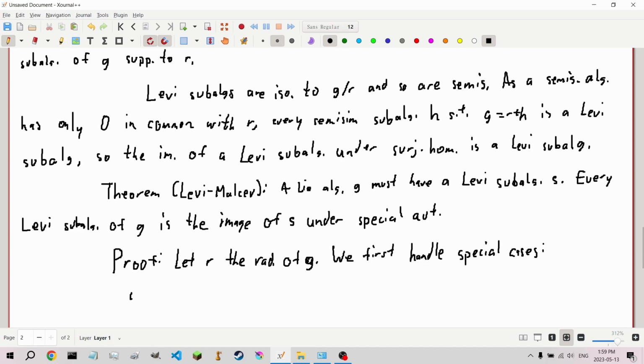Case A is where the bracket of G and its radical is just the element 0.